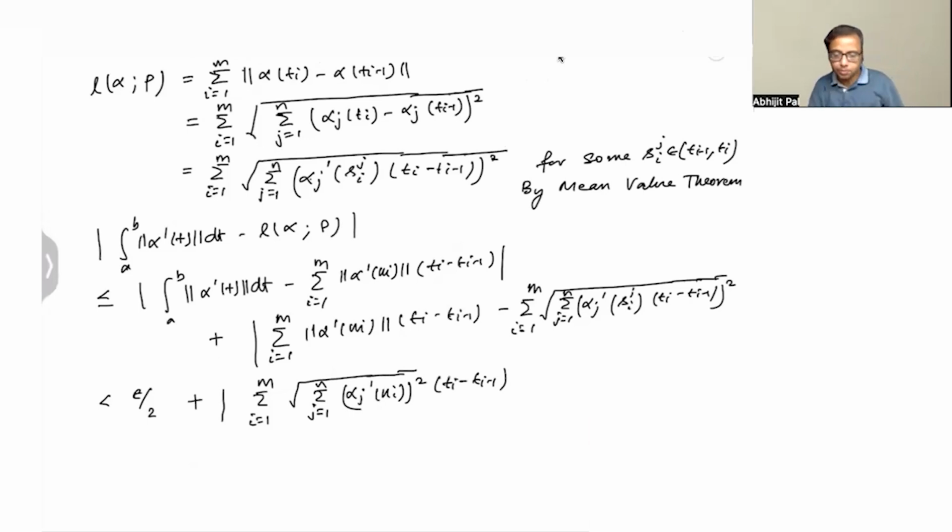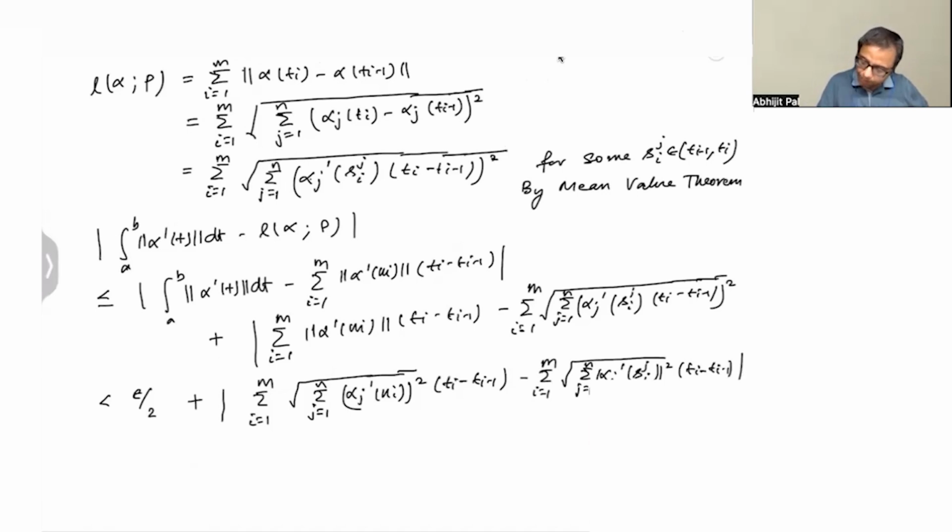So this is the definition of the norm of alpha prime ui, minus again the same thing. So you can take the square here and put this ti minus ti minus 1 out. Okay, so we have this thing.